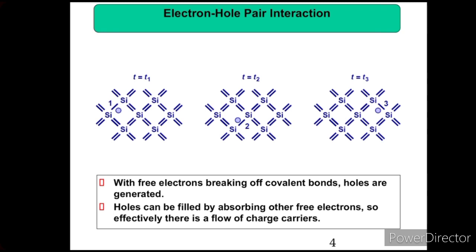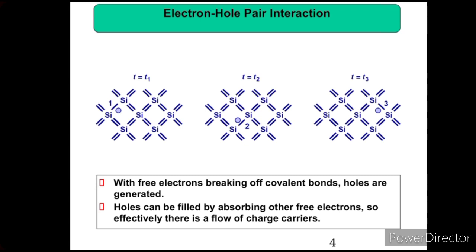Electron hole pair interaction. When the temperature goes up, the covalent bond breaks. The free electrons are in the silicon material.